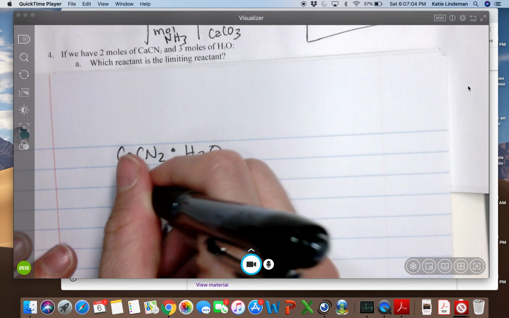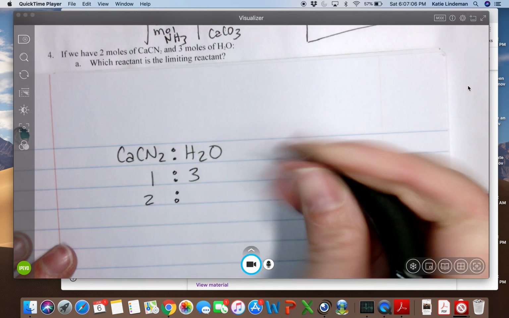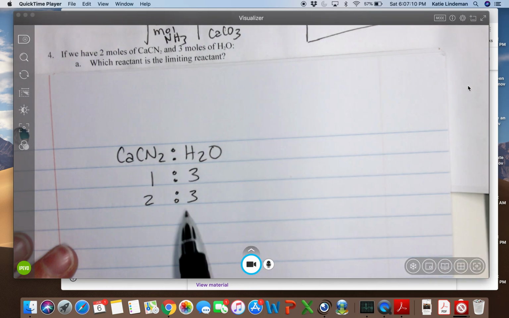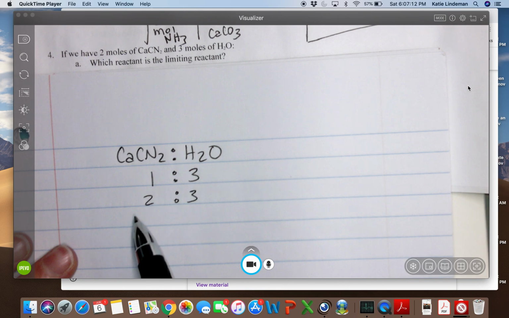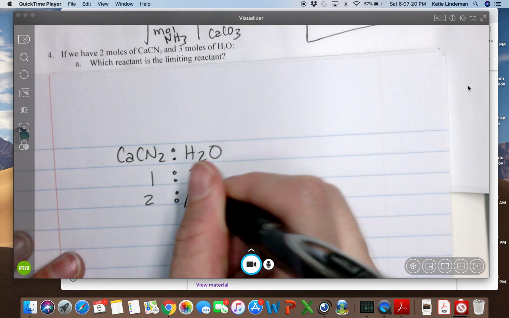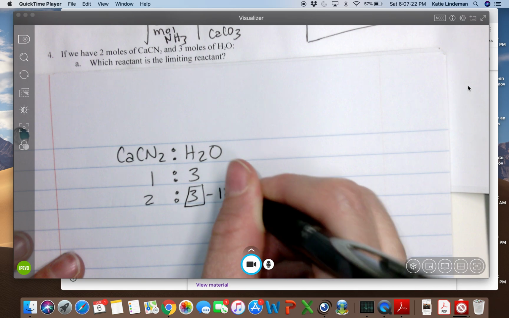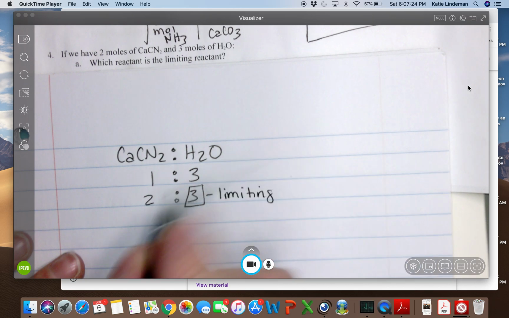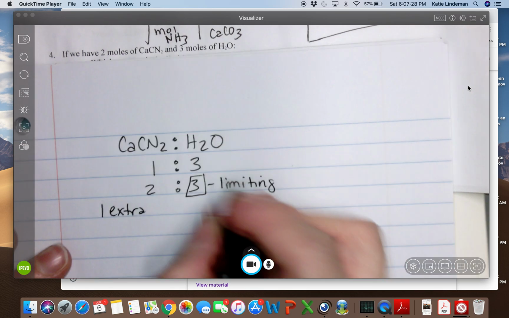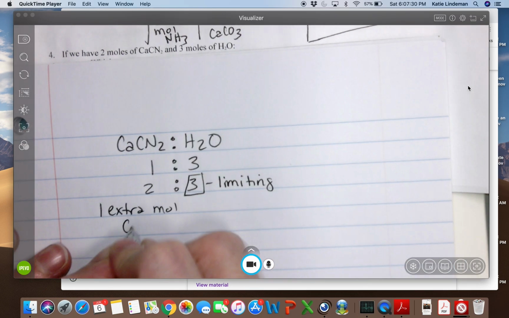So if I have 2 of these and I have 3 of these, I'm going to be able to react all of my water and not all of my calcium cyanide. So that means that water is limiting. And then we're going to end up with 1 extra mole of calcium cyanide.